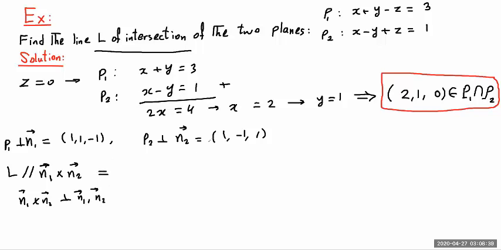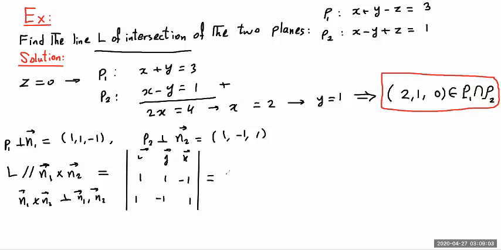Let's calculate the cross product of n1 and n2 by taking the determinant. Write i, j, k as vectors. Then n1 is 1, 1, minus 1 and n2 is 1, minus 1, 1.